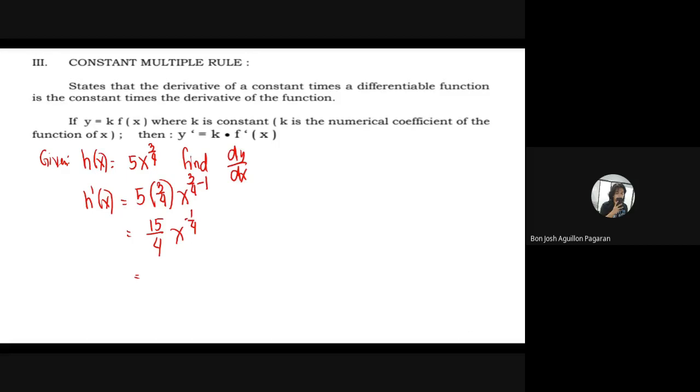Yung meron lamang expression na negative, so that is 15 over 4x, tapos magiging positive na ngayon yung 1/4. Simplifying it, we have 15 over 4. Convert mo yung x raised to the 4th power into radical form, that is the 4th root of x. You don't need to rationalize that. Okay?